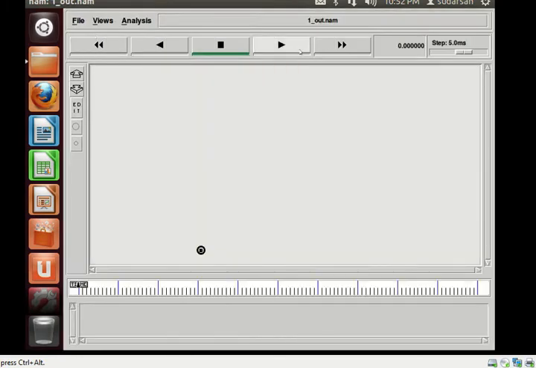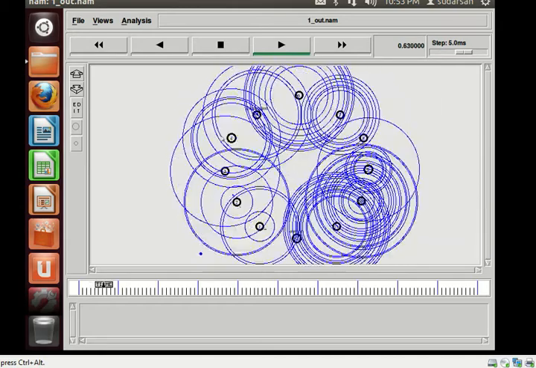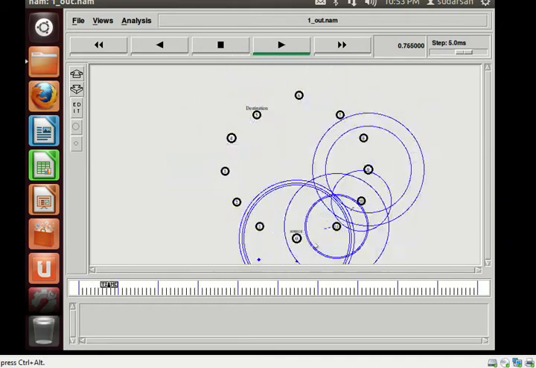Here the output is obtained with the help of a NAM window. The blue lines are the RTS and CTS signals. Here 0 is the source node and 5 is the destination node.